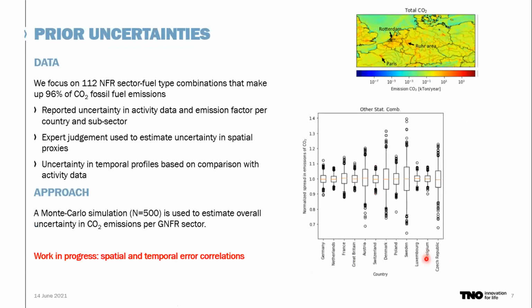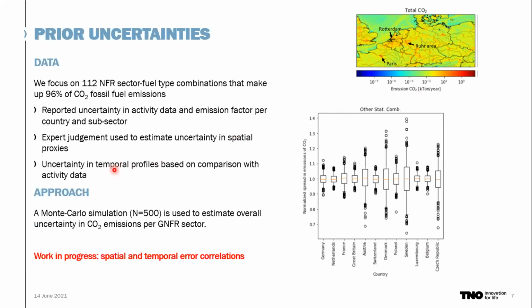So now I will move to the prior uncertainties. Here you see an emission map of CO2. It has a 1 kilometer resolution. And we try to estimate the uncertainty in this emission map, starting with activity data and emission factors that we use to calculate emissions, and our spatial and temporal proxies.